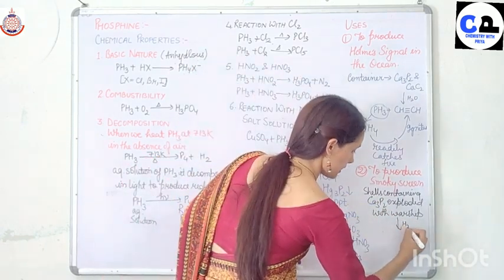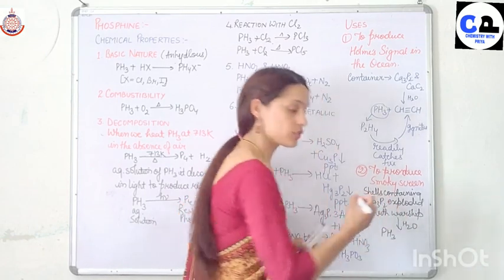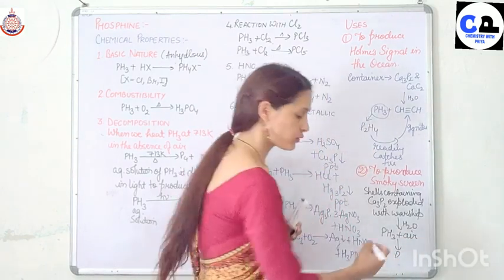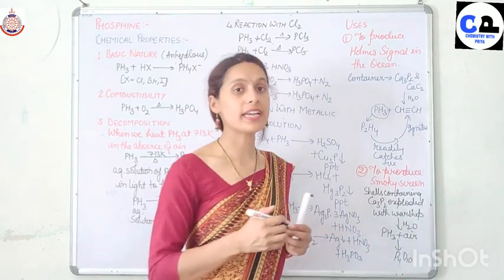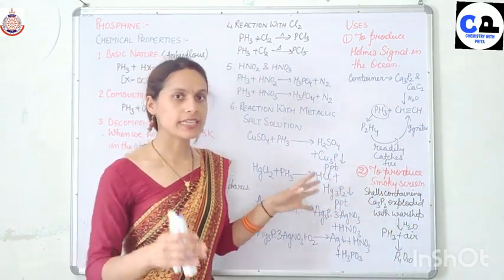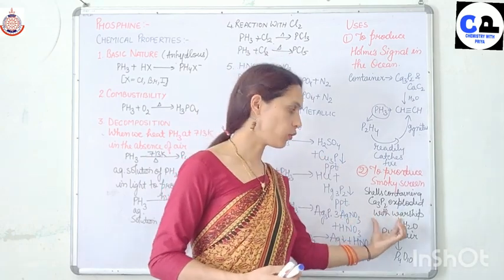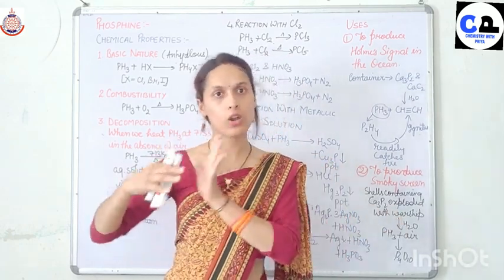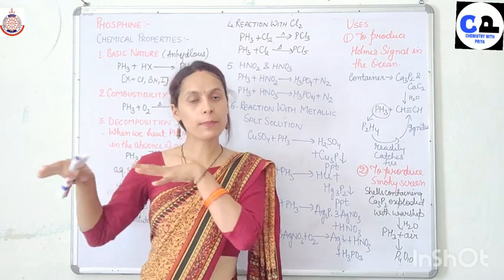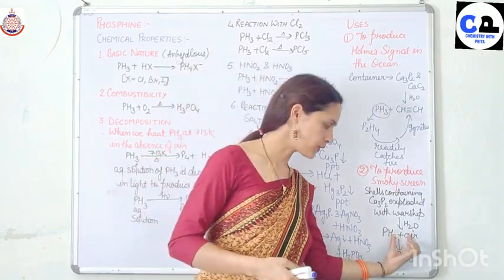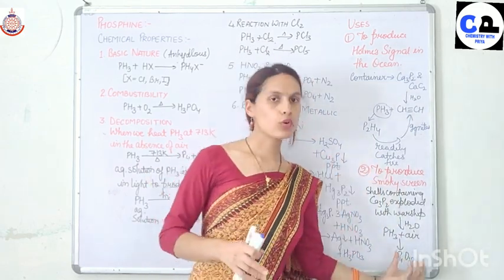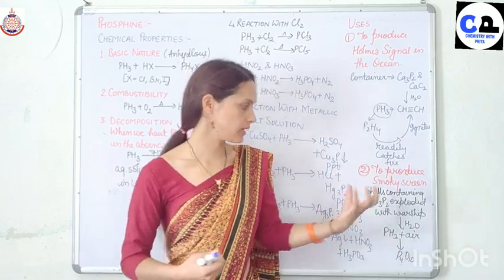Due to the water, this Ca3P2 gets converted into PH3, and when PH3 comes in contact with air, it produces white dense fumes of P4O10, and this white dense cloud serves as a smoky screen.